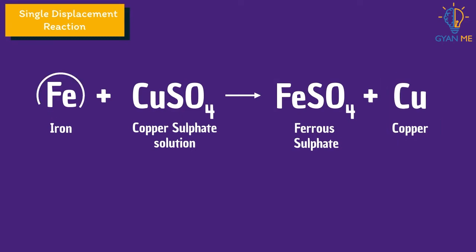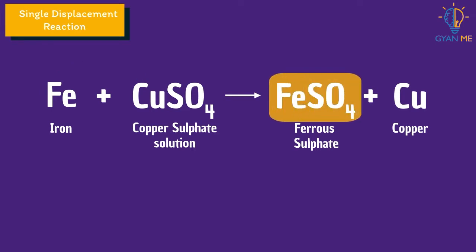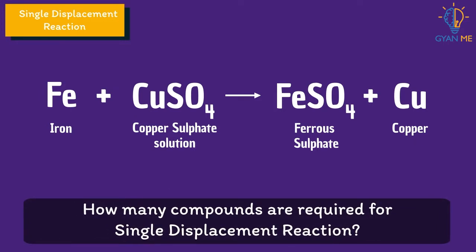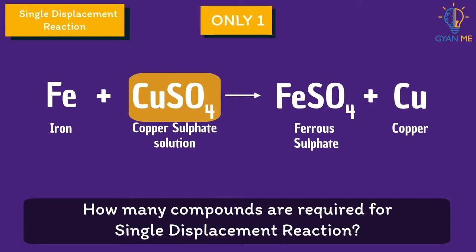Here, the more reactive element iron is displacing the less reactive element copper. Hence, it is a single displacement reaction. Can you think, students, how many compounds are required for a single displacement reaction? Yes, you are right. Only one compound is required for single displacement.